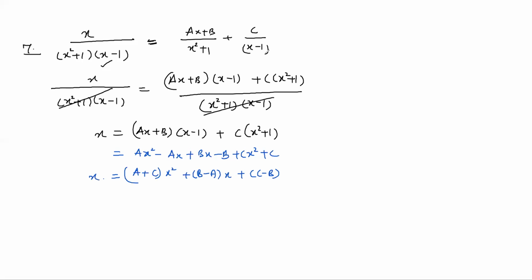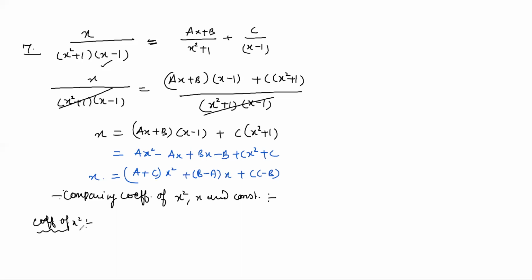Now just do the comparison. Comparing coefficients of x square, x, and constant terms. When you're comparing the coefficient of x square, x, and constant, you can see the coefficient of x square in the left hand side is 0 because there is no x square term. So it will become a plus c is equal to 0.